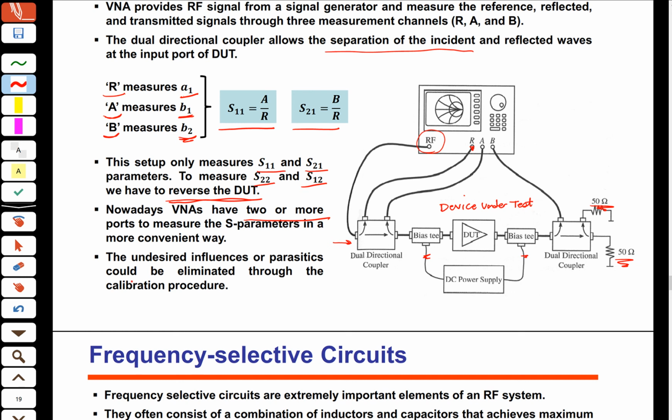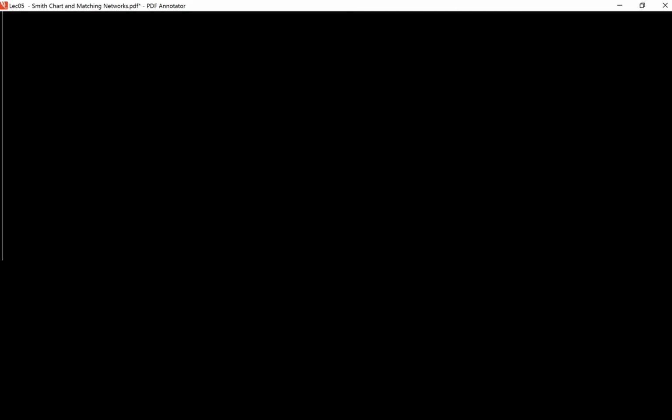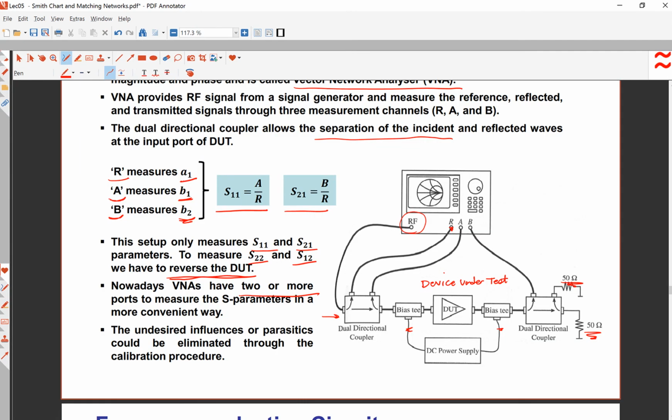There are 2 ports or more than that, for 4-port networks, for 8-port networks. We have very high performance VNAs these days. Okay.